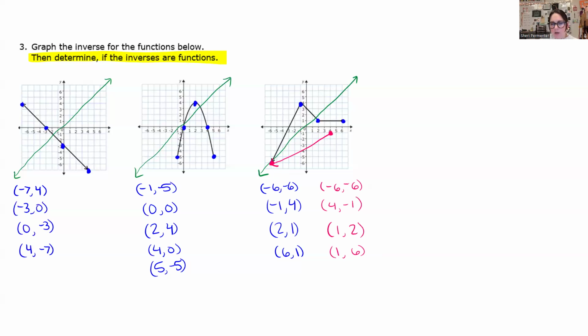One over, 1 up 2. Connect the dots. 1, 6. And I connect the dots. Can you see that the red graph reflects to the black graph over the green line? Do y'all agree?